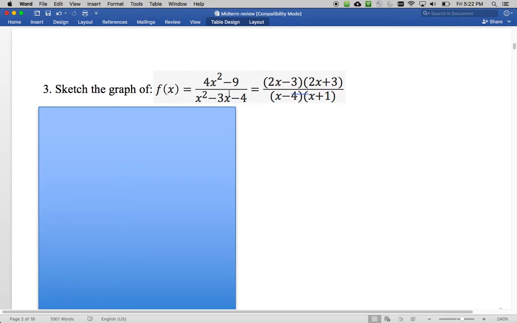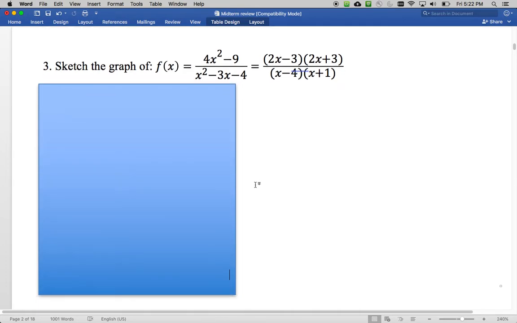And then to find my y-intercept, I plug in zeros for all my x's, and I'm left with -9/4. So my y-intercept will be at 9/4, which I think is like 2.25, I think.